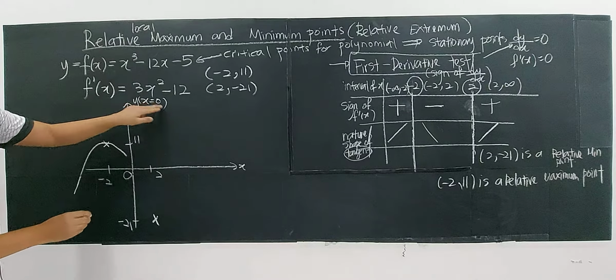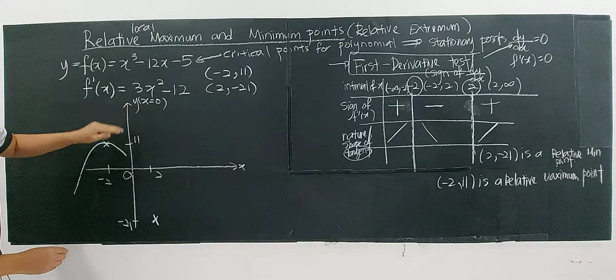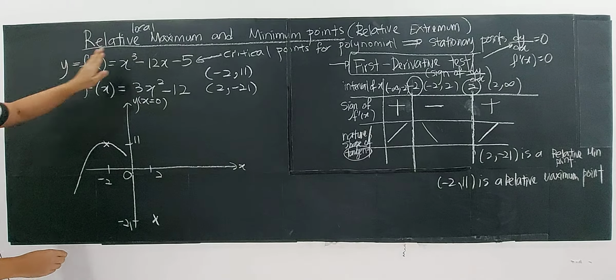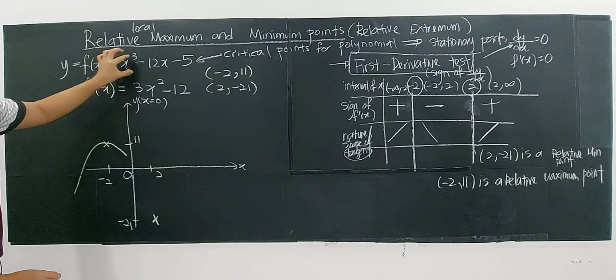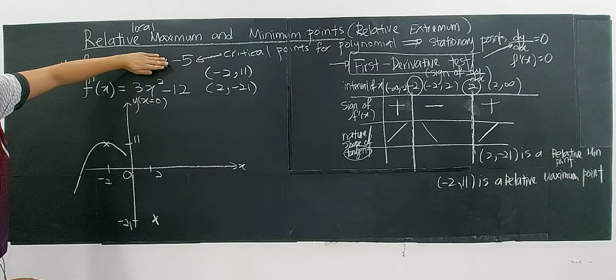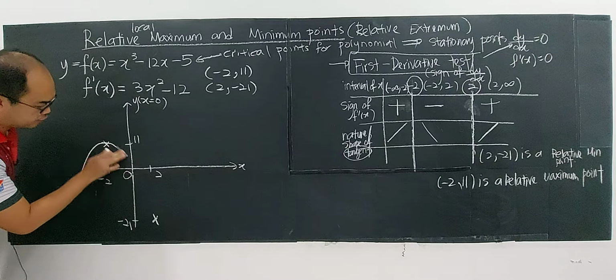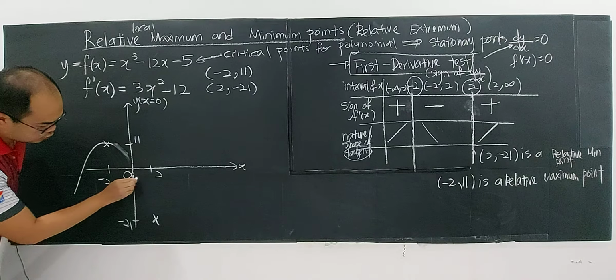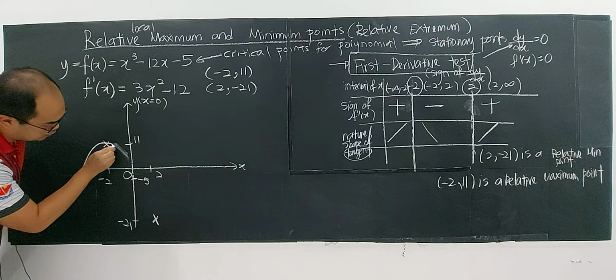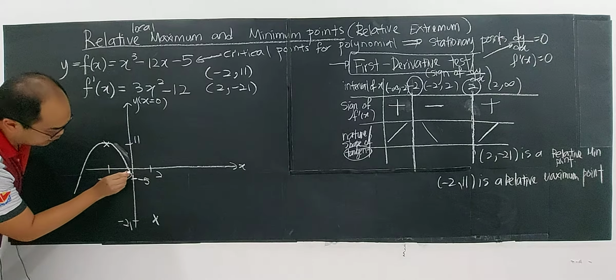So when x is 0, what is the value of y? Y is -5. So they will intersect at -5, be careful, not up here, but at -5.